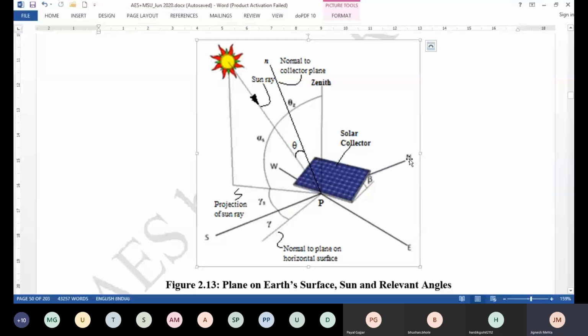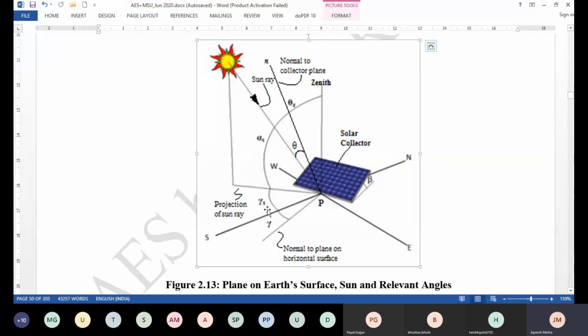Now, you also might be knowing that in the northern hemisphere, we normally keep the collectors facing the south. If the collector is kept exactly facing the south, then this line, the normal to the collector plane on the horizontal plane, would coincide with the north-south line. But we want to show a general case right now, so we have not shown this line coinciding with the north-south line, and it is making an angle.